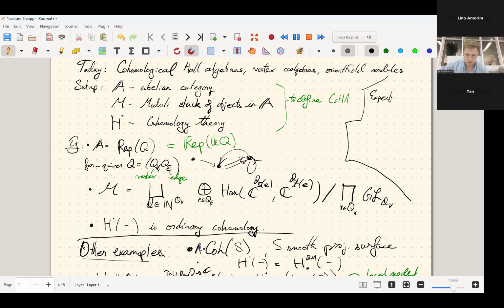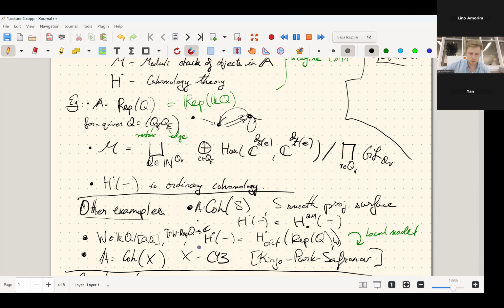Okay, let me ask another question. This, whatever Kinjo and other people did for coherent sheaves, I don't remember. In their story, is the Calabi-Yau compact or not necessarily compact? It's not visible on your slide, but it's the last line.